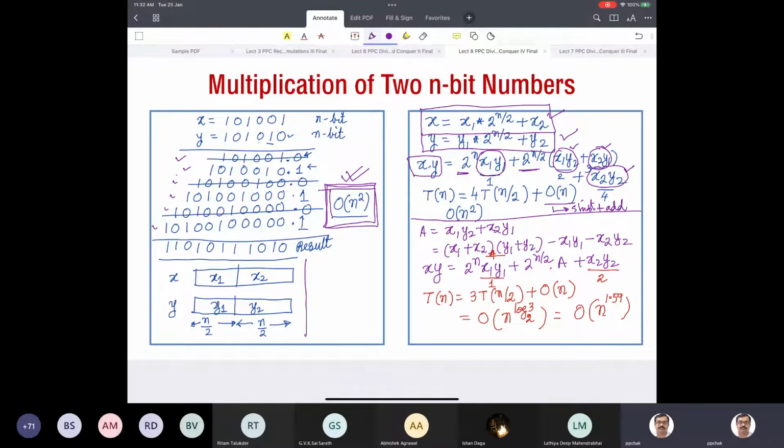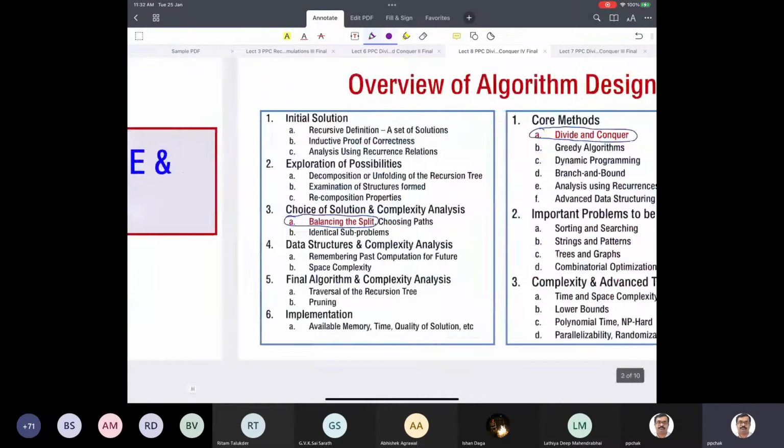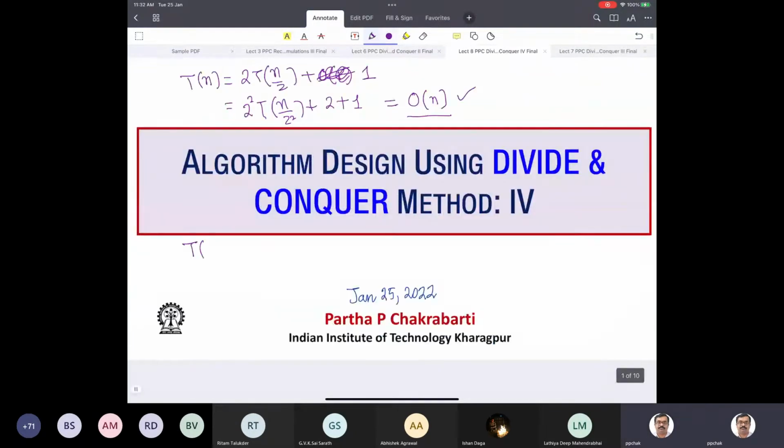So now my equation has become this. Let's write this equation cleanly. T(n) is equal to 4 T(n by 2) plus order n.